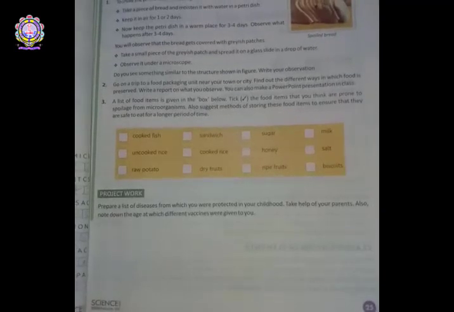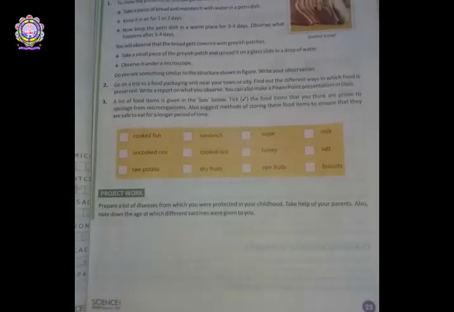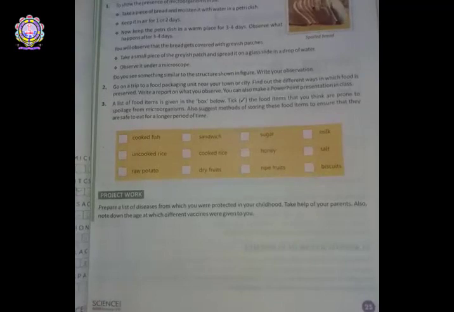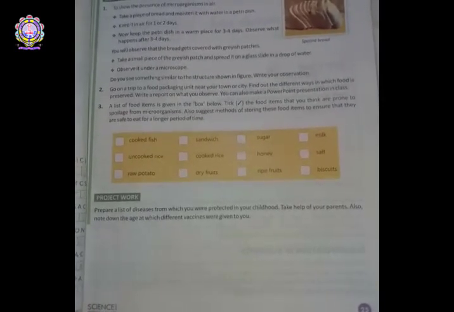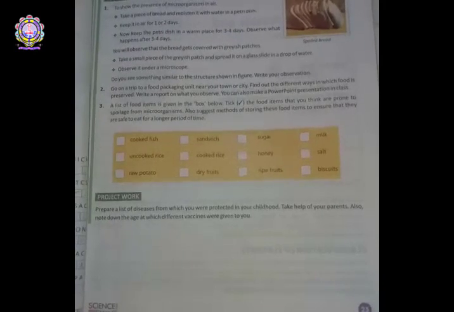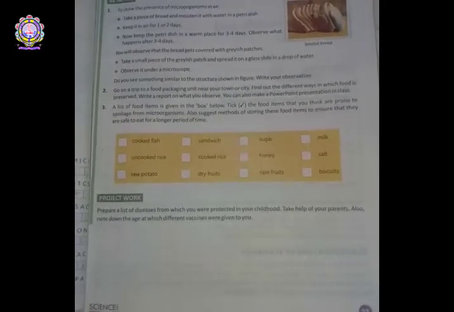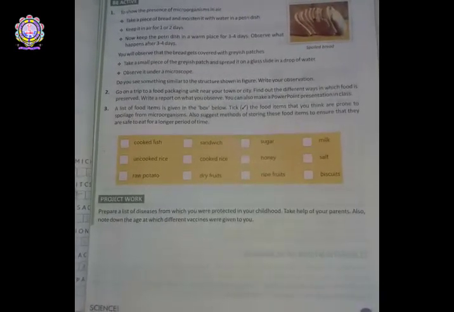Tick the correct boxes for the food that was spoiled by microorganisms, and suggest some methods of storing these food materials safe to eat for a longer period of time.